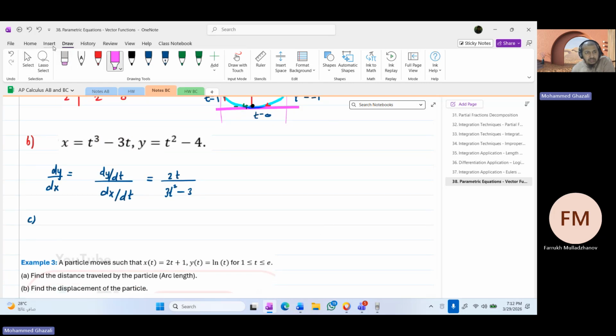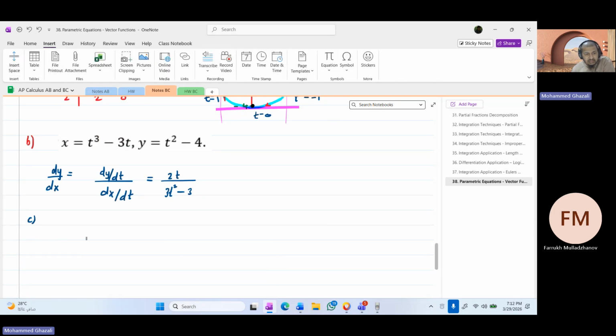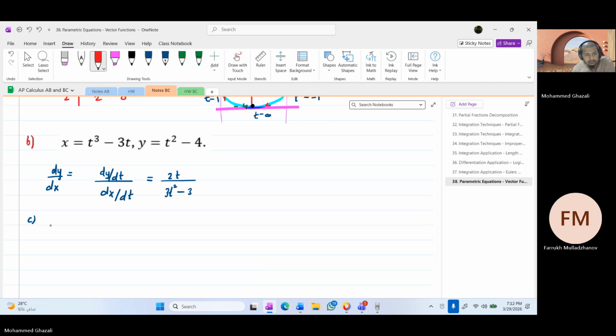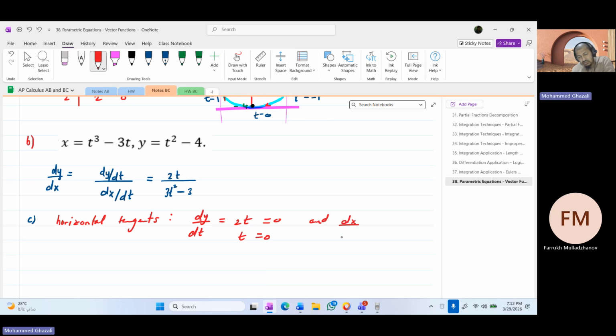For horizontal tangents, we need to say dy dt is equal to 0. We just found dy dt, which is 2t, equal to 0. So t is equal to 0, and we need to check dx dt evaluated at 0. Make sure when it's evaluated at 0, it is not 0. dx dt is 3t squared minus 3.